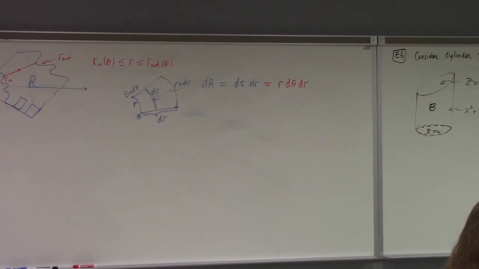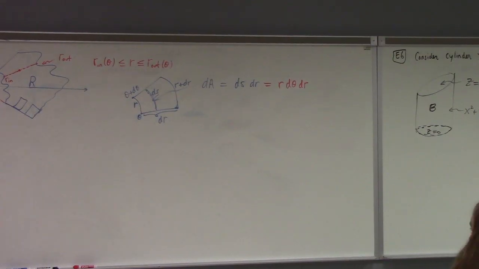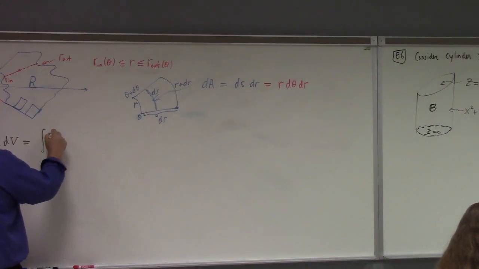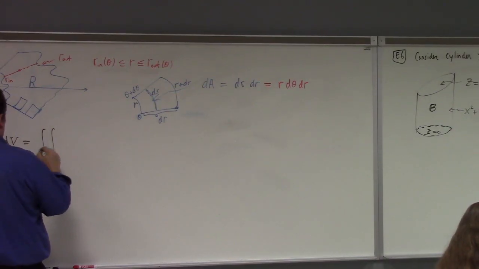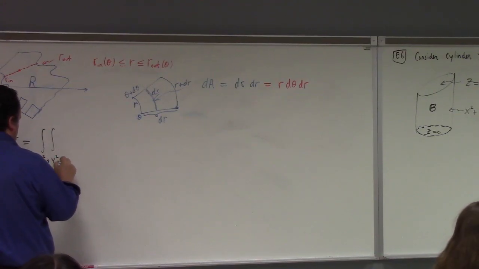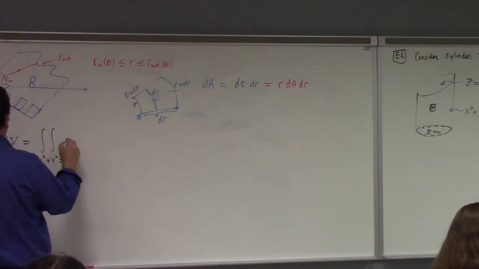All right? So if I go back to this problem we were just doing, the integral of x dV over B, if we do the first integral, what we're looking at is x squared plus y squared less than or equal to 1. That's what we're doing this integral over.